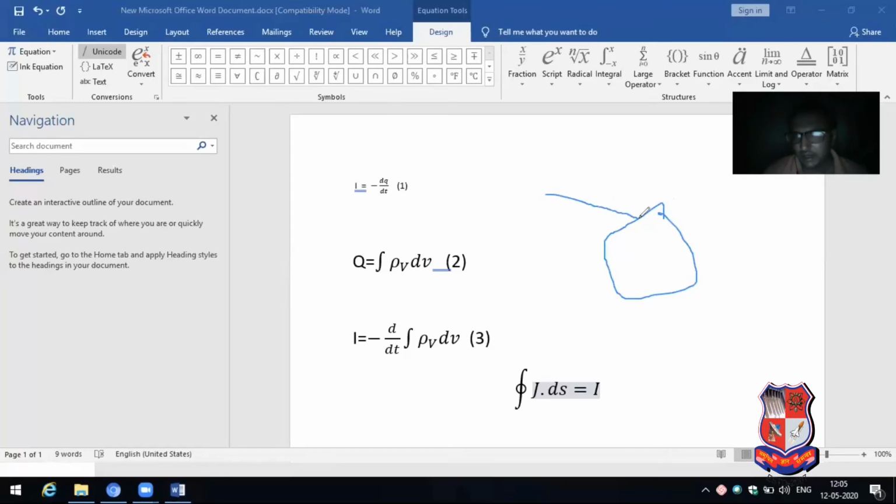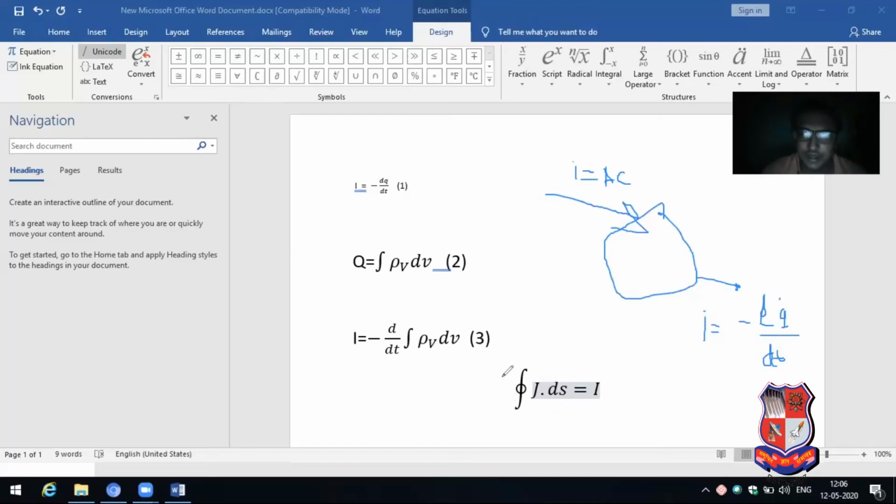Here the incoming current is I, then the outgoing current is always less than I for AC current. If I is AC current, or time varying current, then I equal to minus dq divided by dt, the rate of change of charge with respect to time.